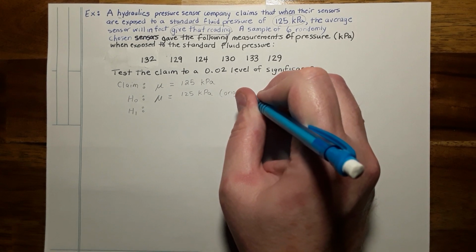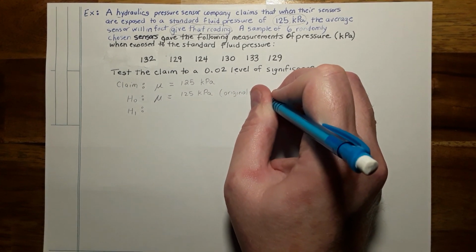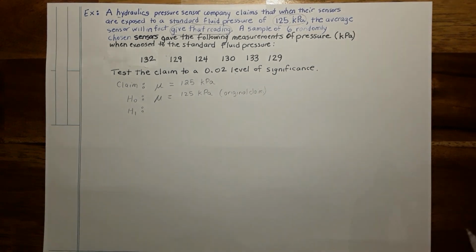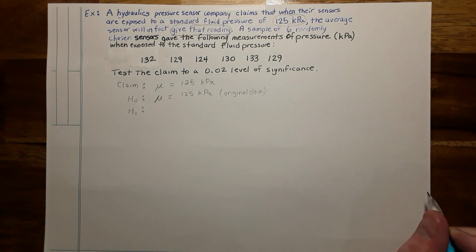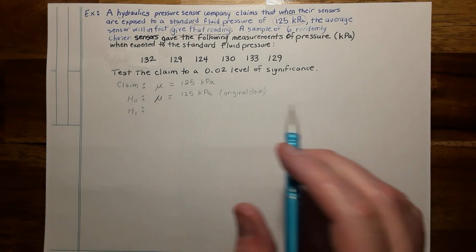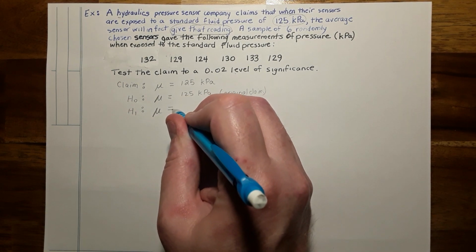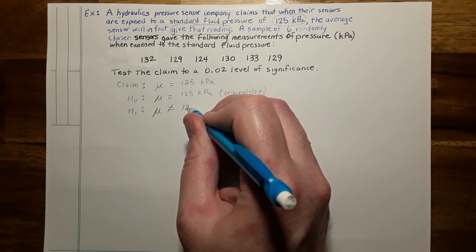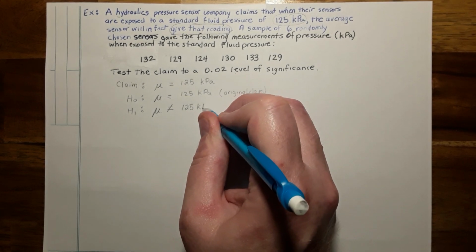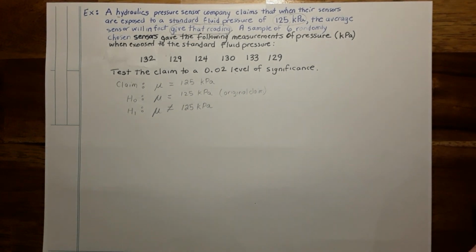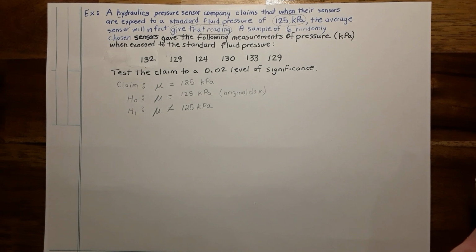That is the original claim. The alternative hypothesis, which is what is true should the null hypothesis be false, is that the mean is not equal to 125 kilopascals.